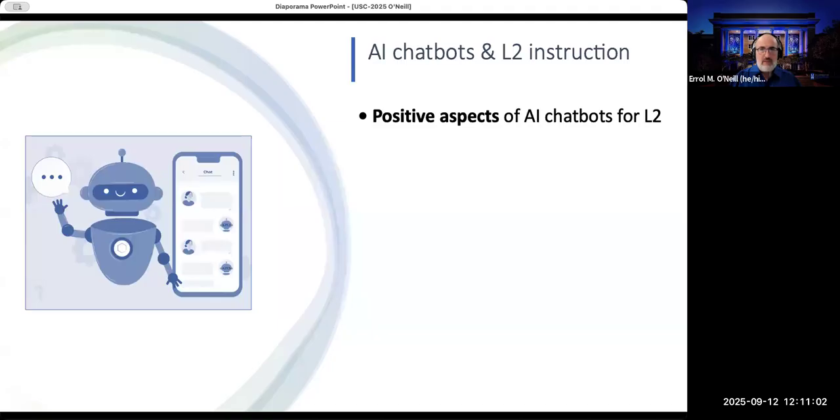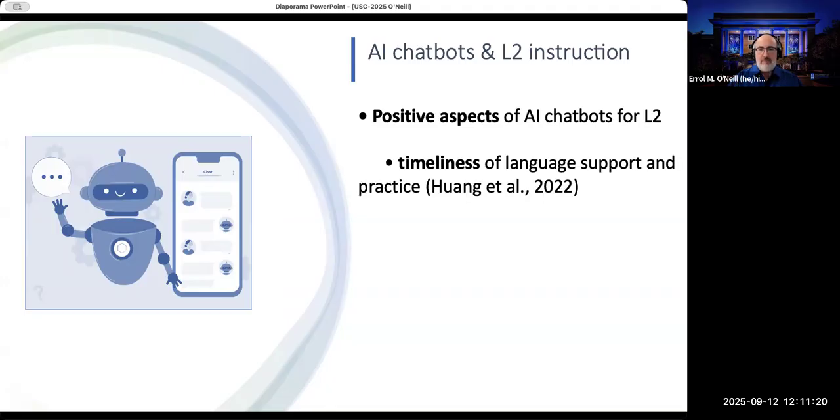Some positive aspects of AI chatbots. Although the new generation of AI chatbots have only been around for a few years, there have actually been chatbots going back to the 1960s. But in terms of the more recent generative AI, they've been found to provide timeliness of language support and practice.